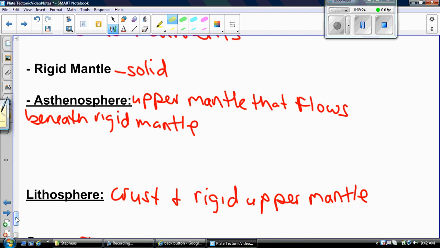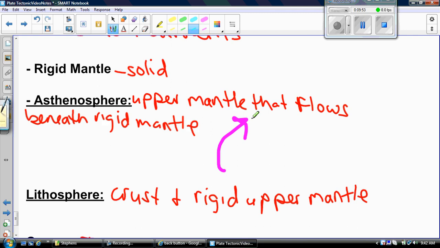So why does it flow? Well, when matter heats up, it has more kinetic energy. When it has more kinetic energy, it's going to rise. So this liquid has warm magma rising. When the magma rises, it starts to transfer some of that kinetic energy to the other parts of magma. When it transfers that kinetic energy, it loses some, so it gets colder.